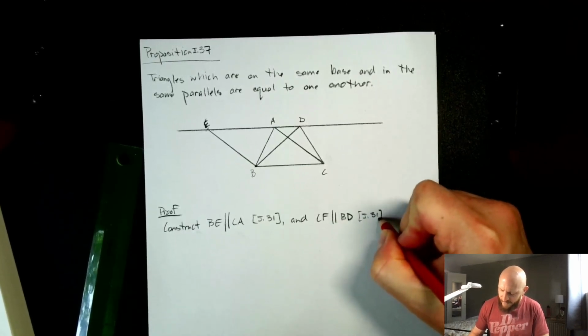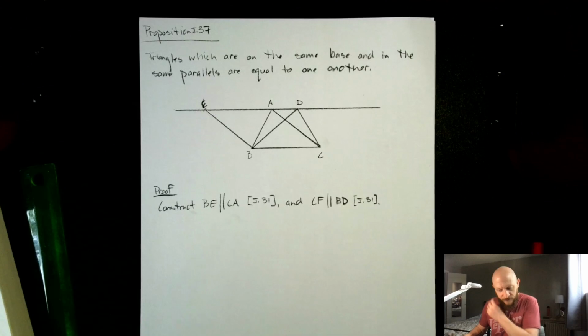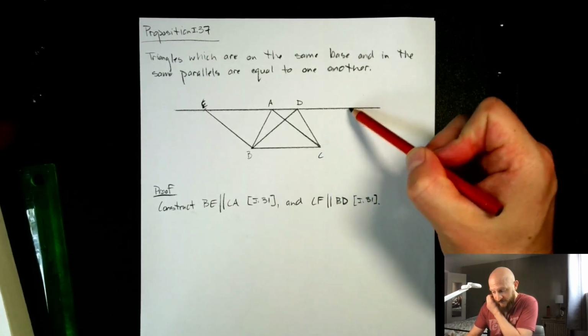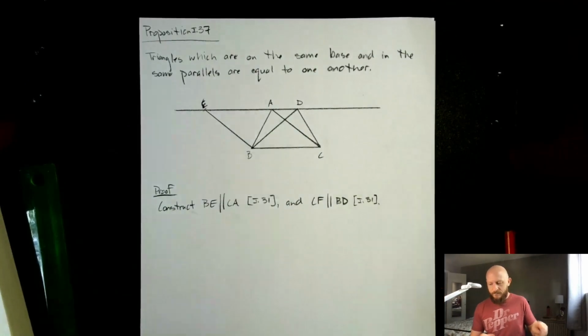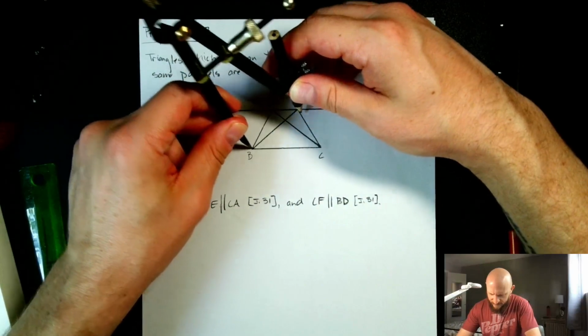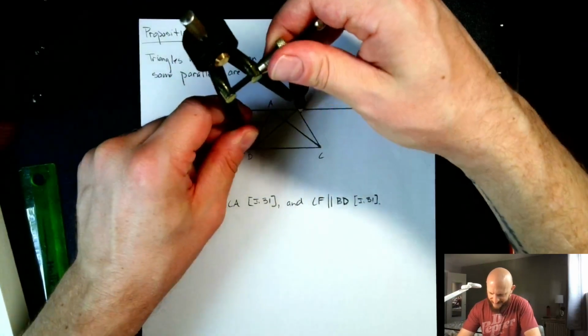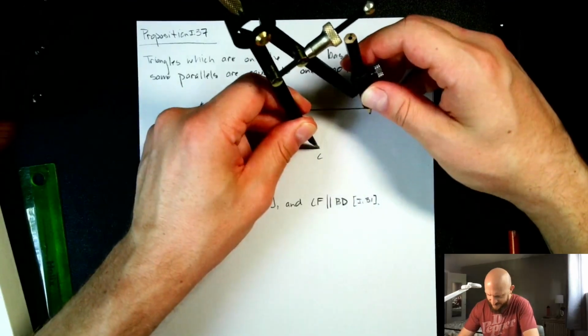I could have just written that all as one line, but I didn't. Right, so CF, F is going to fall somewhere over here, parallel to BD. These are probably fairly similar lines in terms of length. Yeah, almost the same. Geez, I just made this so symmetrical. It was on accident, happenstance.